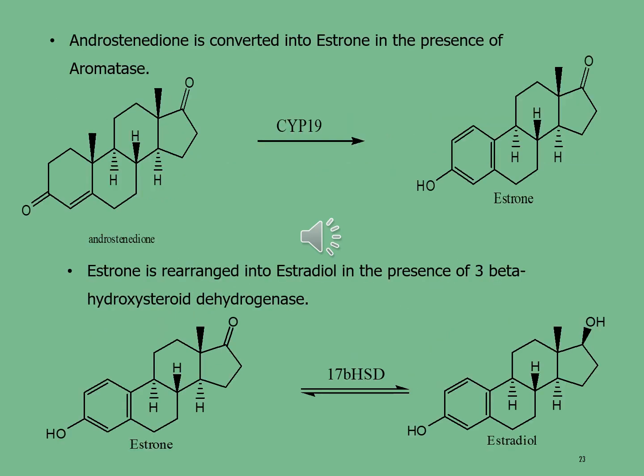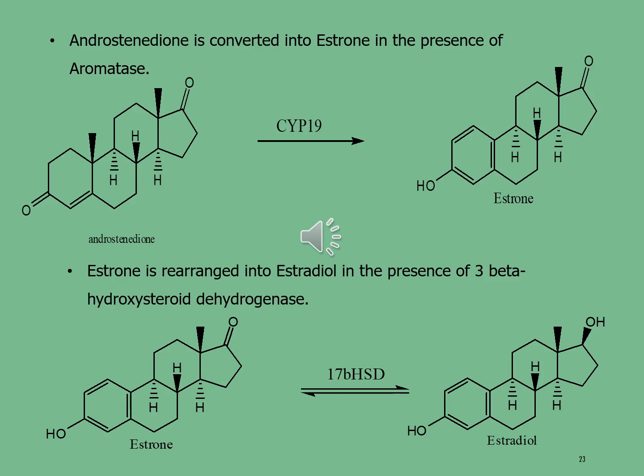In the second step, androstenedione is converted into estrone in the presence of aromatase enzyme, which is abbreviated as CYP19. Androstenedione is converted into estrone.